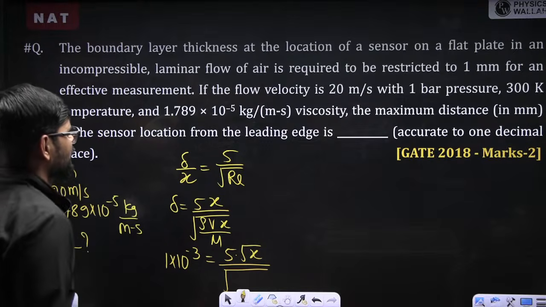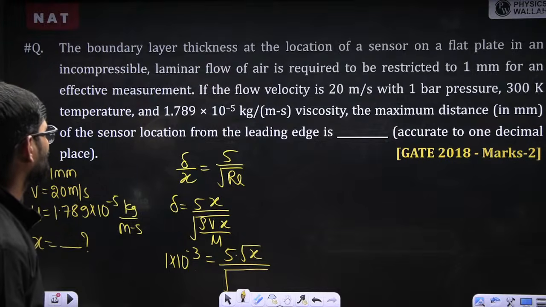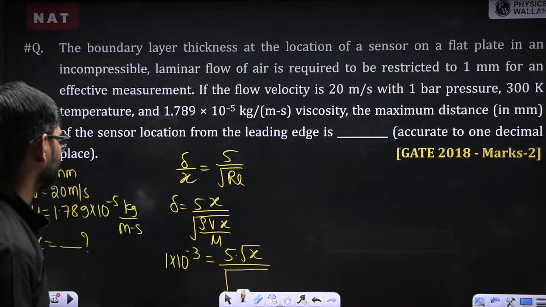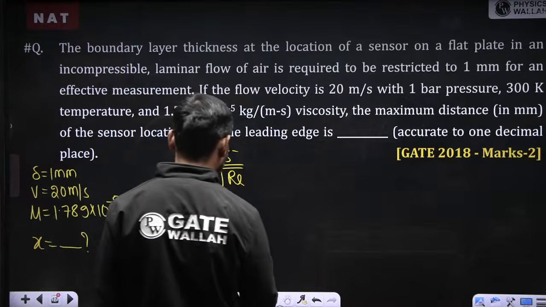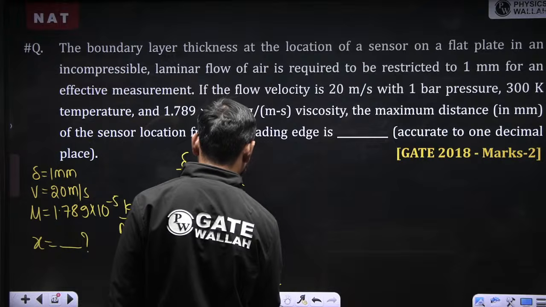Rho is how much given? Air is there. Okay, rho is not given. V is given how much? 20 meter per second. Mu is also given.